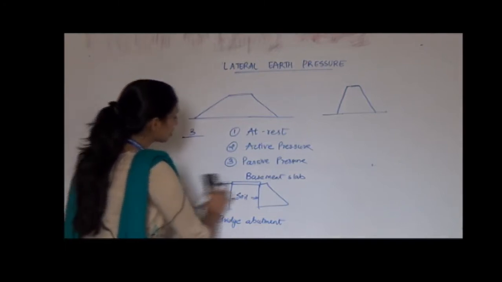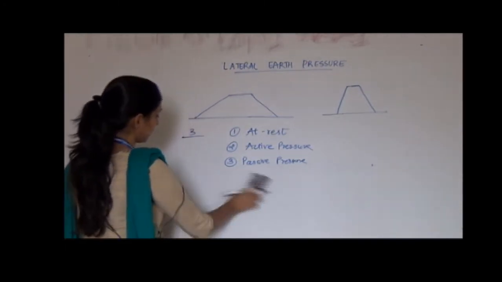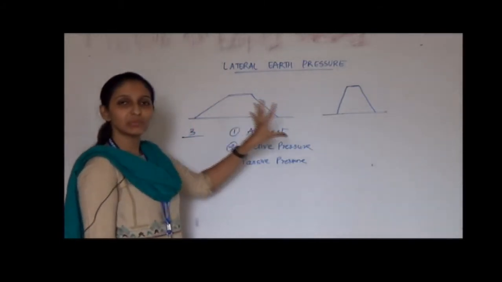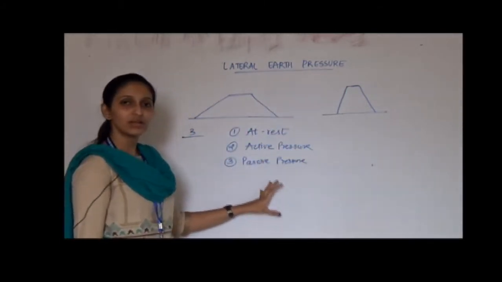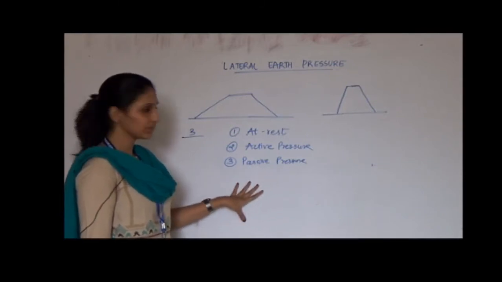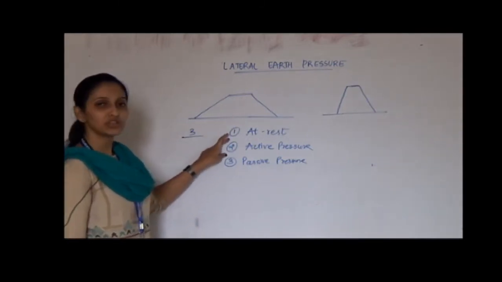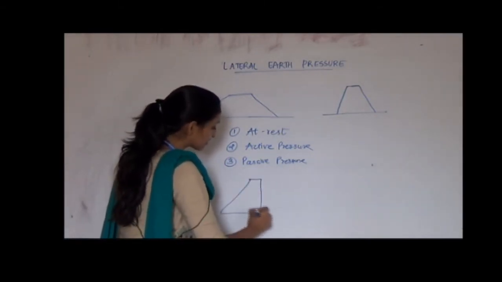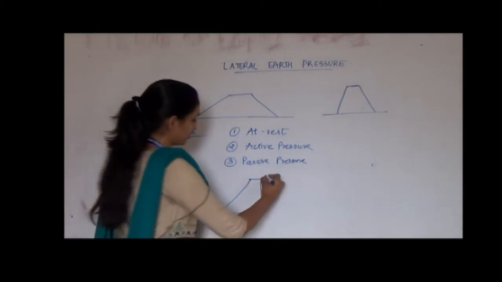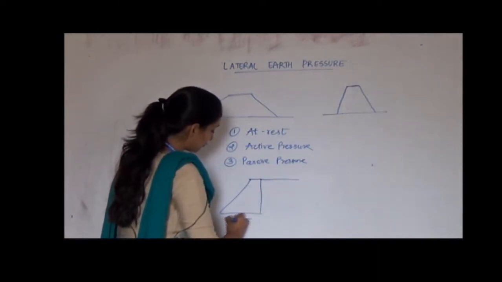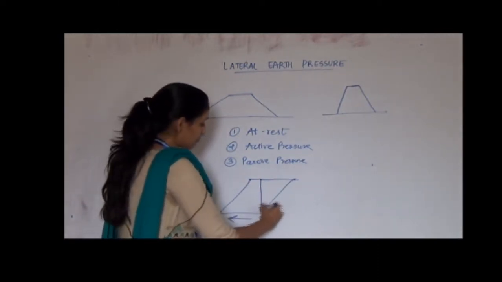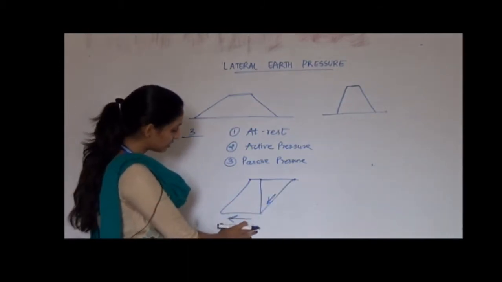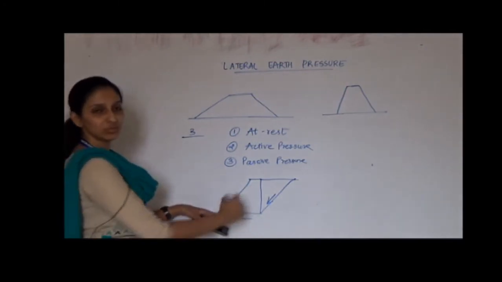Now moving forward to the active earth pressure. Previously, with at rest pressure, there is an equilibrium condition, since there is no failure. Now the next condition, active earth pressure. In active earth pressure the soil tends to stretch horizontally due to the outward movement of the wall away from the soil mass.